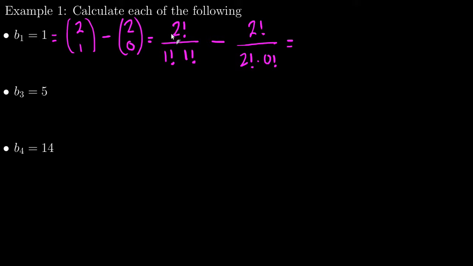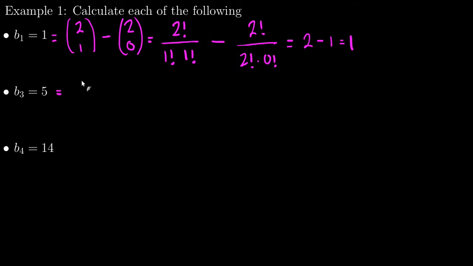In here, 2 factorial is 2, 1 factorial is 1, so we get 2 over 1, 2. 2 factorial is 2, 2 factorial is 2, 0 factorial is 1. If you're not sure on why, I made a video about that about a week ago. So 2 divided by 2 is 1, and 2 minus 1 is 1.